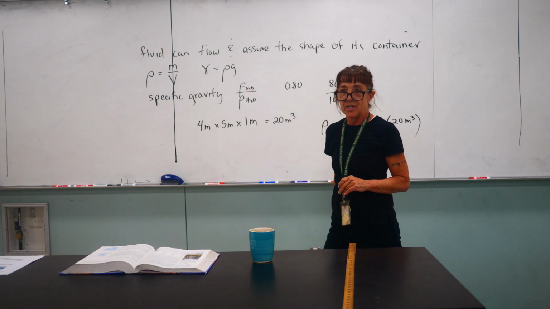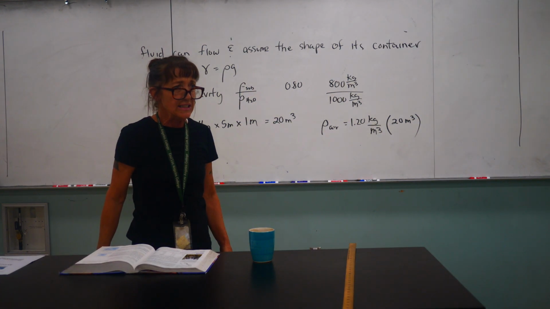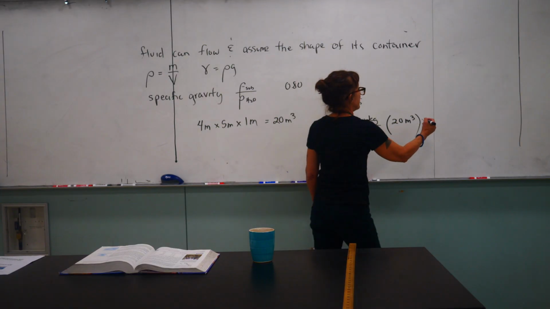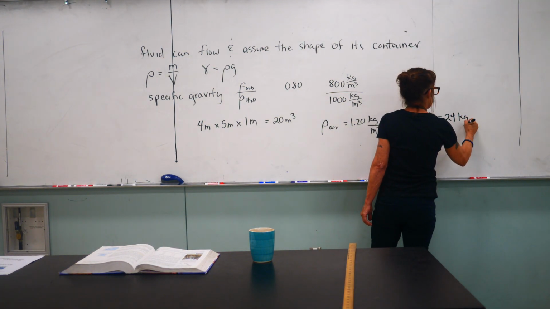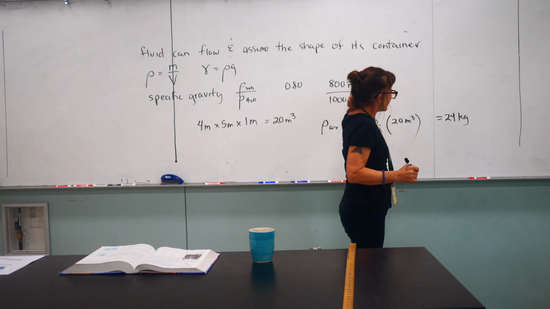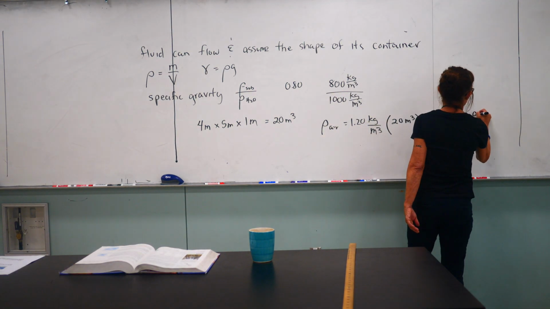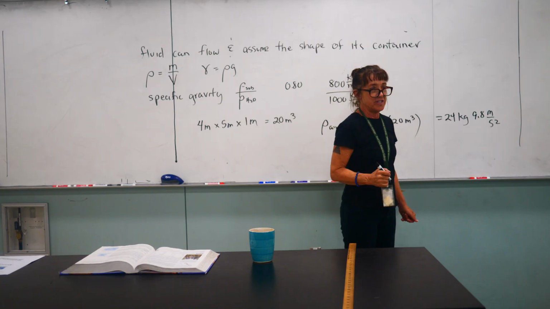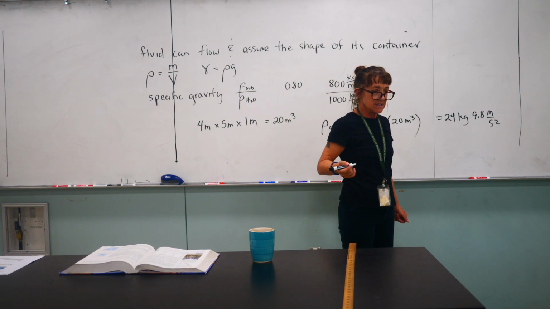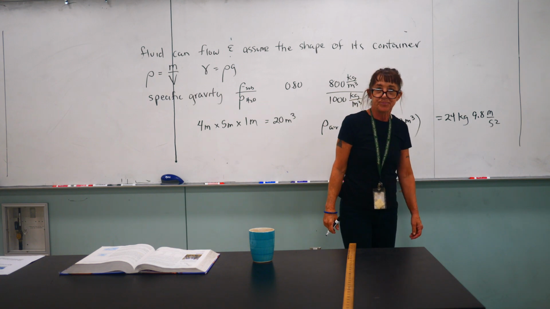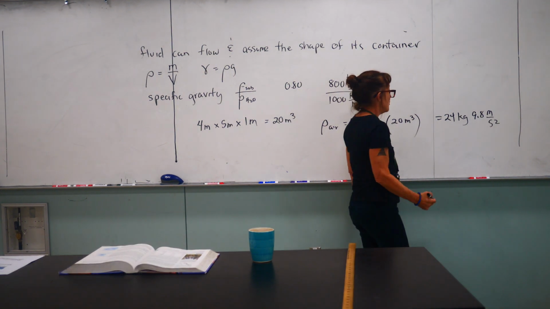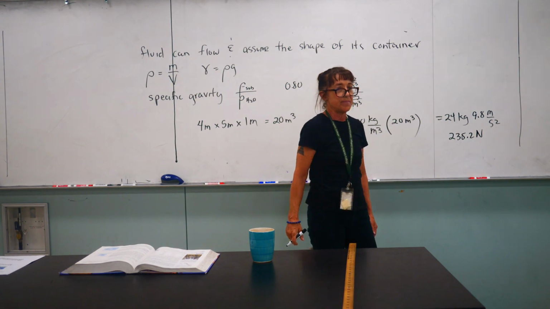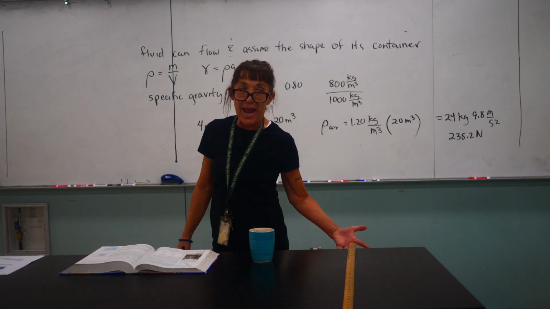Can somebody do that? 24 kilograms. That's not very heavy, is it? Okay, and that's the mass, and the weight is simply times 9.8, which is 235.2 newtons. So that's the mass and the weight of air.